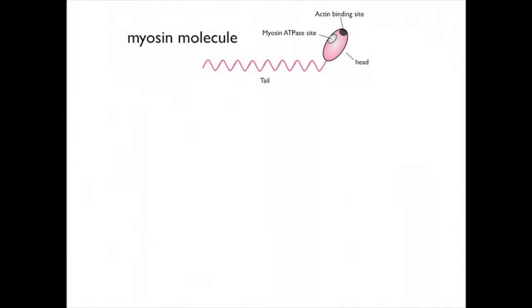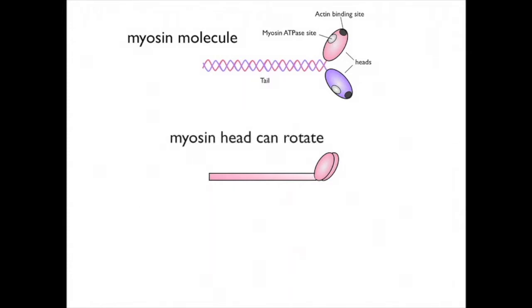The myosin molecule is actually composed of two such units, in which the tails are twisted together. The molecule is shown diagrammatically here. An important feature of the molecule is that the heads can rotate, and as we shall see, the rotation of the myosin heads is what drives contraction.